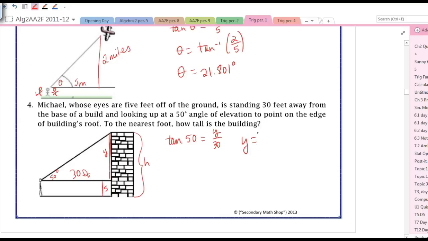And so I would get the part that's just the y, and that's 35.753, okay? But it says how tall is the building, which is h. So it's really not that bad. It just means you have to take the y portion of it and add 5. And then, of course, you get 40.753 feet. So a building is about 41 feet high.